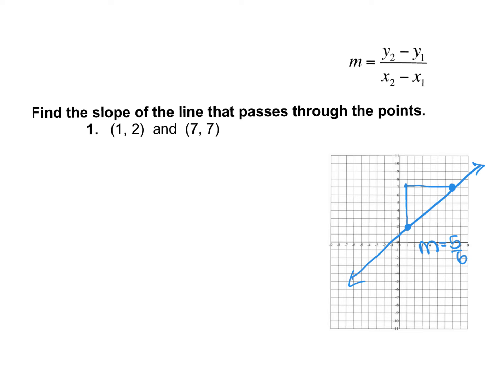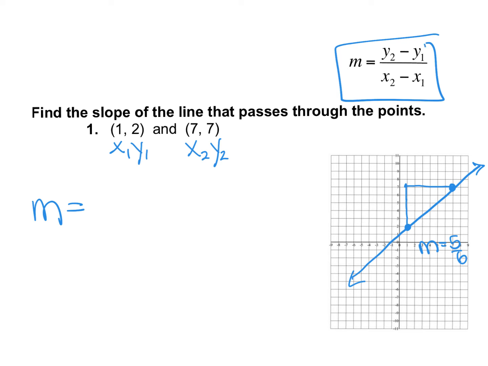Now let me show you what's going to happen as you're using the slope formula. So we've got our first point, which is going to be an x1 and a y1. And then we've got our second point, which is another x and a y, except it's going to be an x of 2 and a y of 2. And so we're using this formula right up here to find the slope. So I have m is equal to y of 2 minus y of 1.